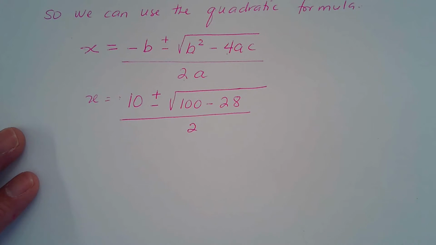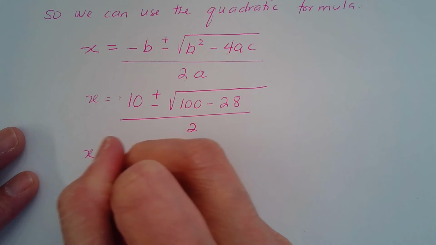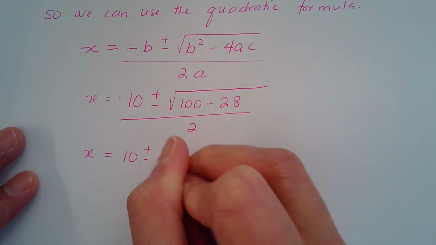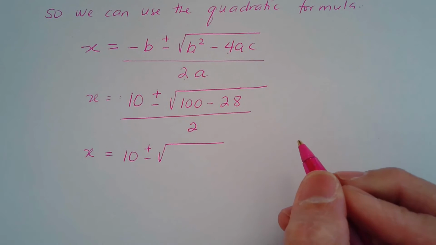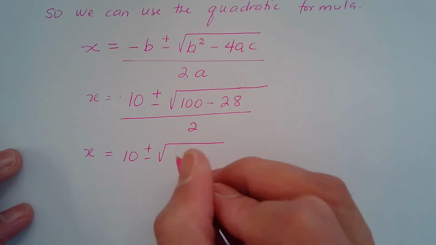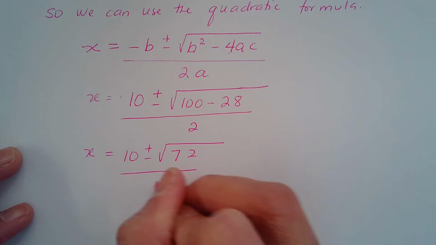Yes? So far so good? So x is equal to 10 plus or minus root of 72 over 2.